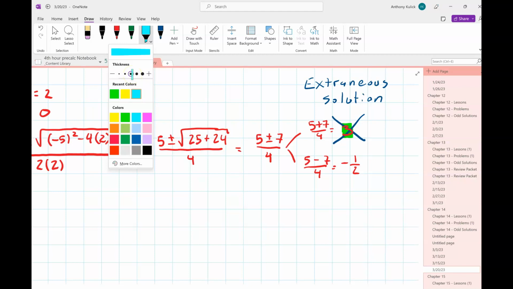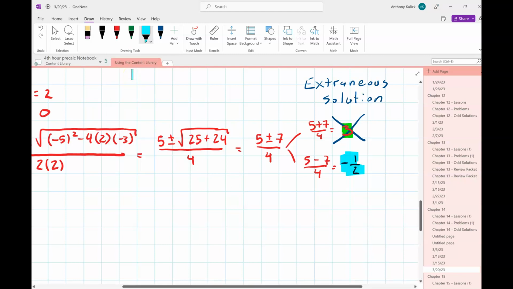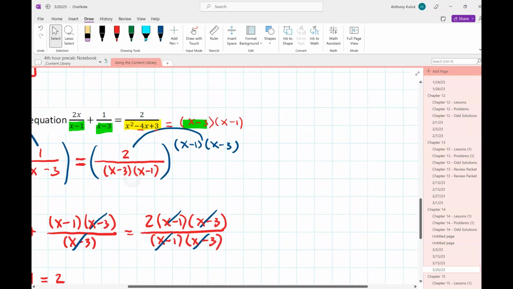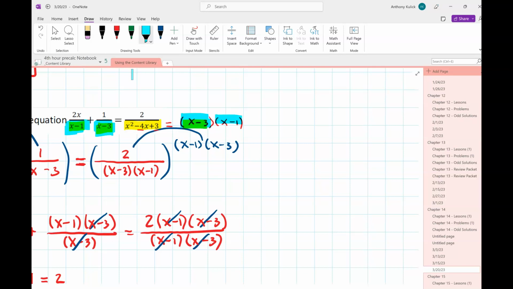Now, if we go and do the same thing for the -1/2, if I plug -1/2 here, -1/2 minus 1, is that 0? No. -1/2 minus 3, is that 0? No. And if I do it again here, again, both not 0.